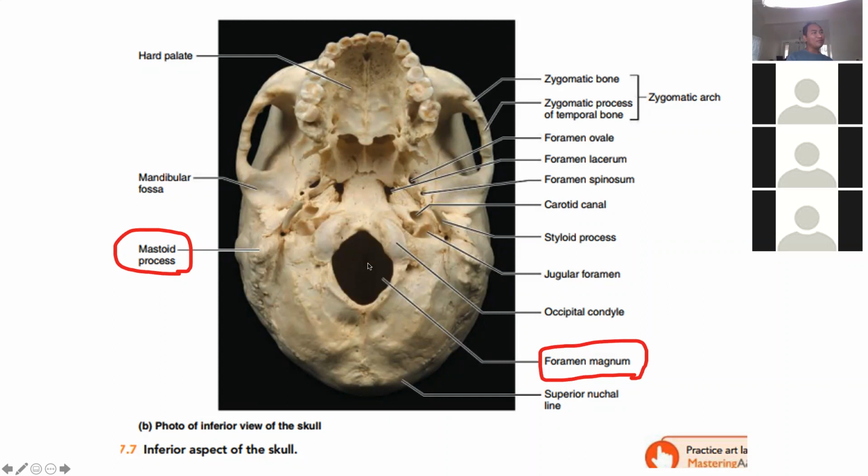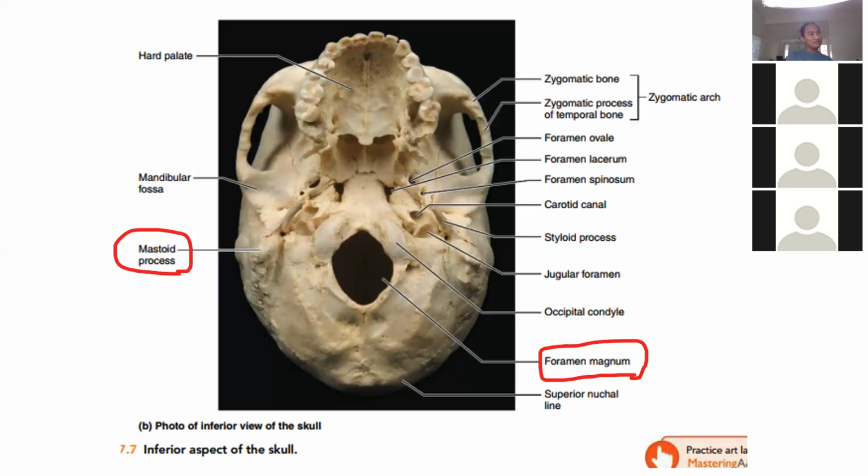If you remember foramen magnum, you should remember the two bumps on either side of the foramen magnum, which is what we call the occipital condyle. If you go slightly more outwards or lateral, you will see the jugular foramen. The little opening in front of the jugular foramen is called the carotid canal. Can you say carotid foramen? Yeah, you can, but they say carotid canal.